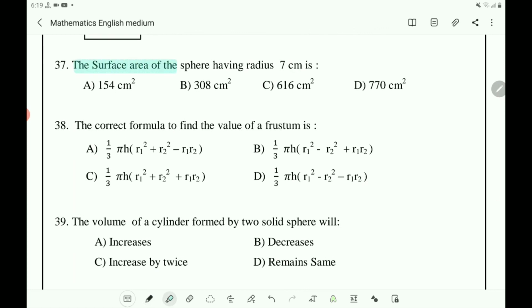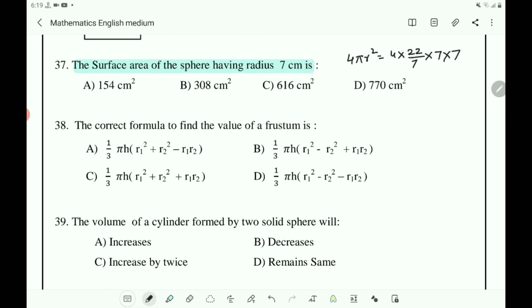The surface area of the sphere having radius 7 cm is. Here you use the formula. What is the formula to find the surface area of the sphere? 4 pi r square, which is equals to 4 into 22/7, the value of pi, into r square, 7 into 7.